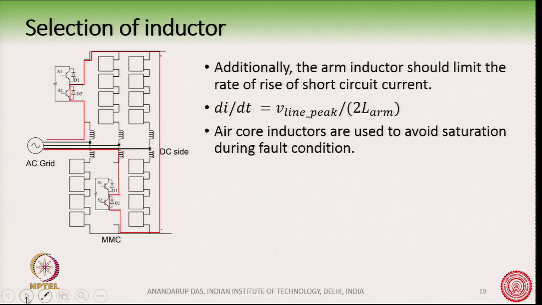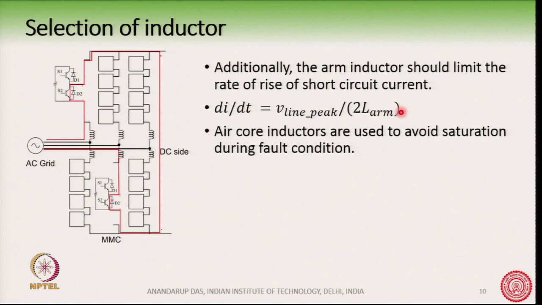Remember that the rate of rise of the short circuit current is when there is a short circuit like this on the DC side and the current is flowing like this. Therefore, di dt is V line peak divided by 2 times L arm, because there are 2 arm inductors in series. So, that is limiting the short circuit current.